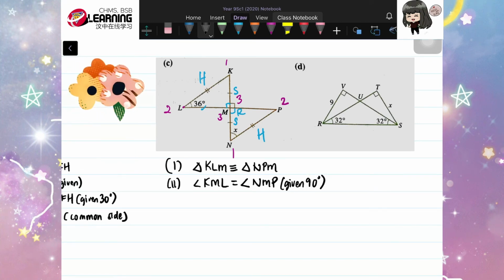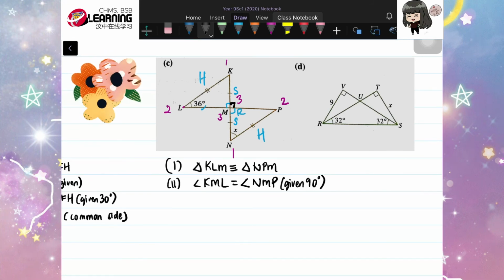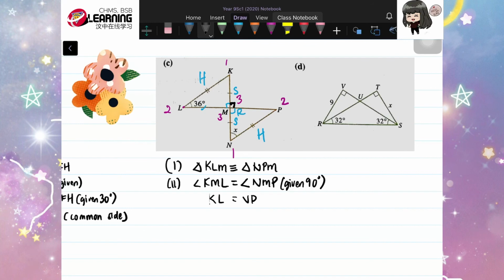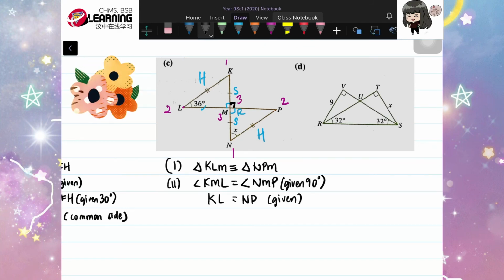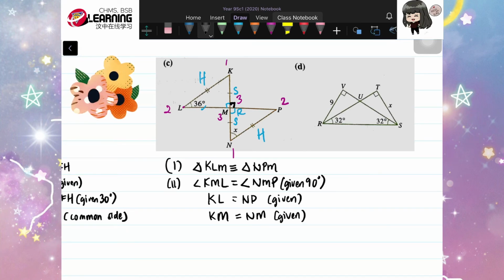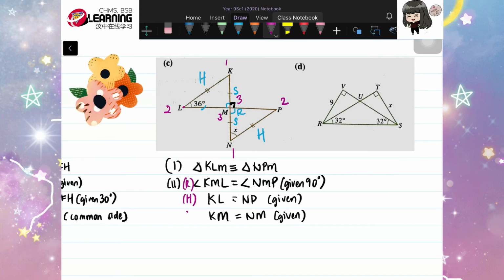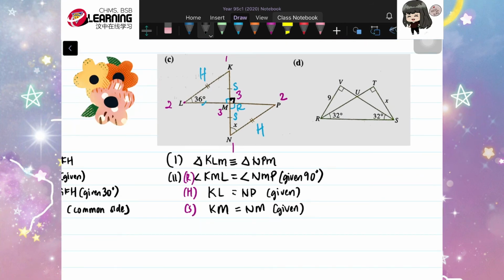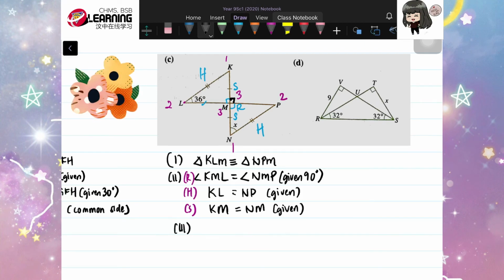This one is given 90 degrees, and because they are giving you the 90 degrees, the other one is 90 degrees also. So for the hypotenuse, KL equals NP because it's given, and the other one is a side, KM equals NM, given. So this is right angle, hypotenuse, and side. Since they are congruent, we already proved that they are congruent by RHS here.